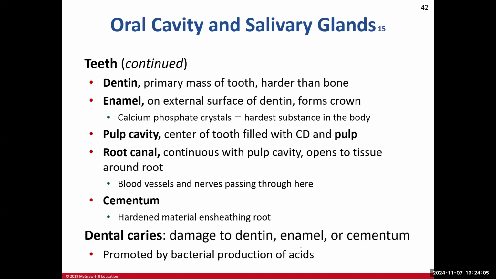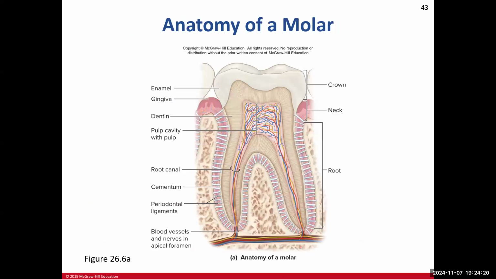So in the center of your tooth, in the roots and whatnot, you have the pulp cavity. So it's a space. And inside of that pulp cavity, you're going to have pulp, which includes some connective tissue and blood vessels and nerves. If you look at the picture here, here's the pulp cavity, going all over the place.